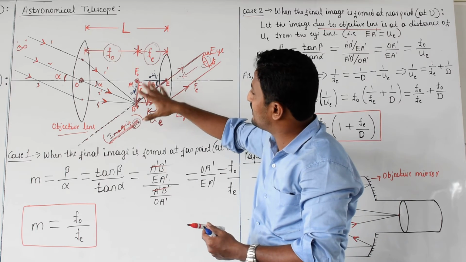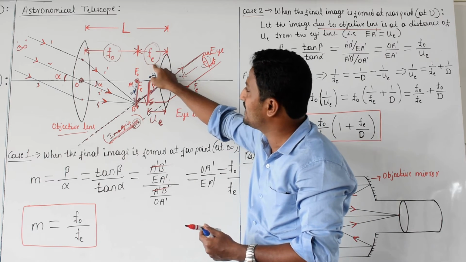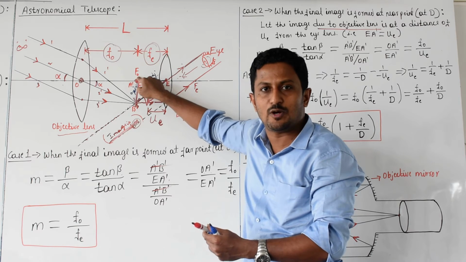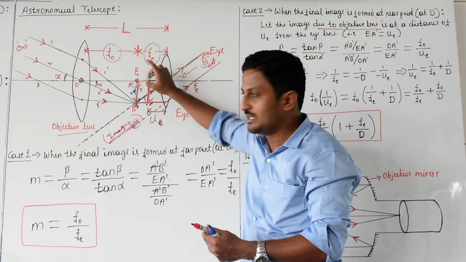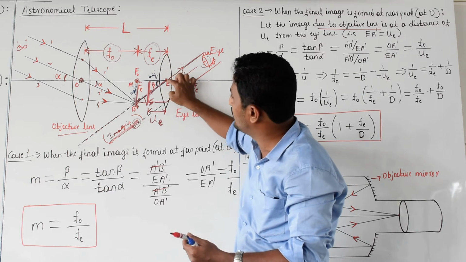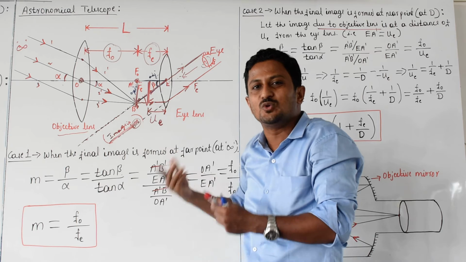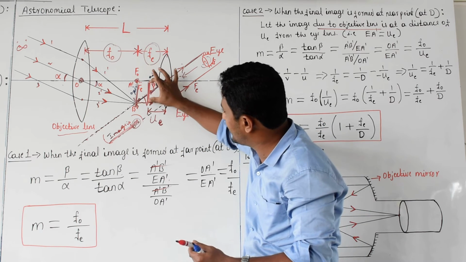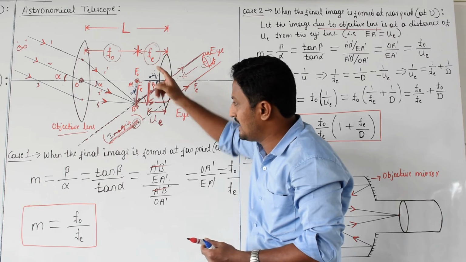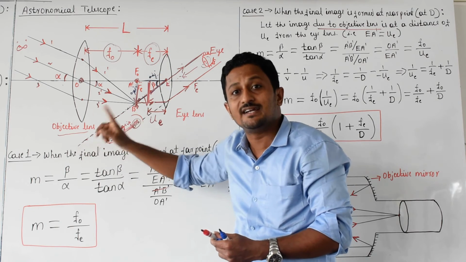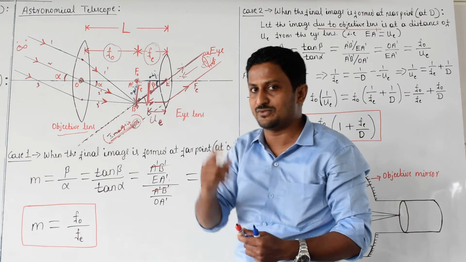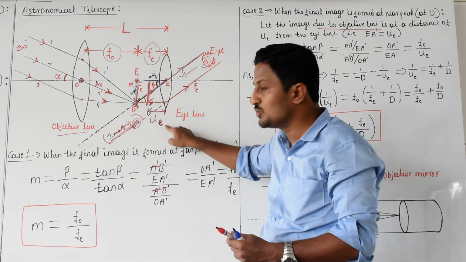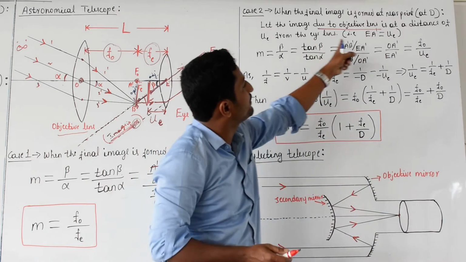In the previous diagram, why did we take FE? Because that object is at the principal focus point. You take this somewhere between these two points, then that distance is UE. Take this somewhere here in such a way that the final image is at the D point. Then the object distance for this eye lens is UE.